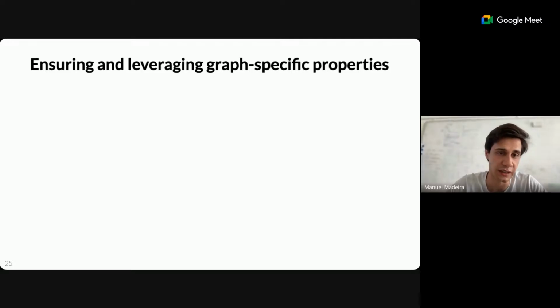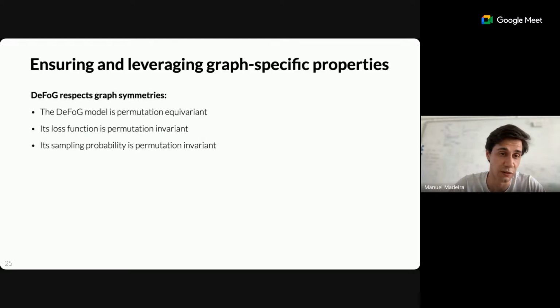Finally, we ensure and leverage some graph-specific properties in this formulation. First, we demonstrate that by adapting the DFM formulation to this setting, the DeFog model is able to respect graph symmetries. Basically, the graph transformer we use is permutation-equivariant.